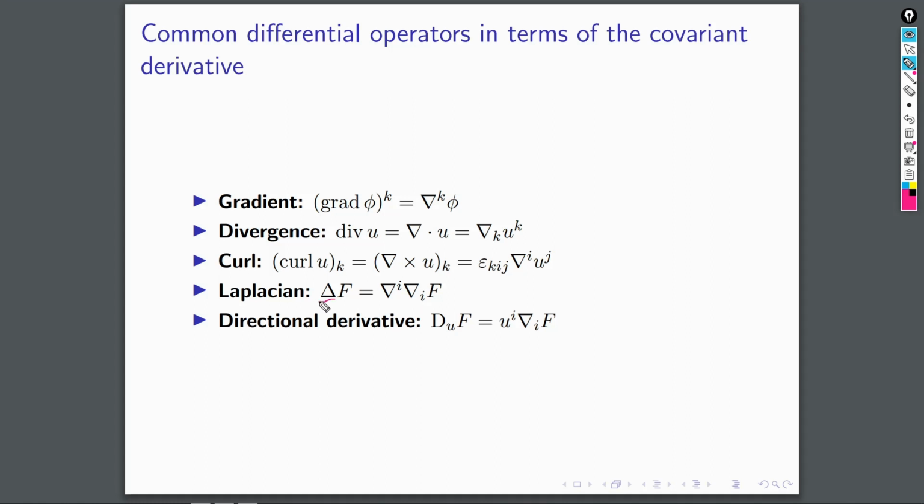And again, all of these quantities transform in a tensorial way. We can define the Laplacian as basically the trace of the double covariant derivative. But I said this was formally a tensor, and we know that a (1,0) contracted with a (0,1) is a scalar.